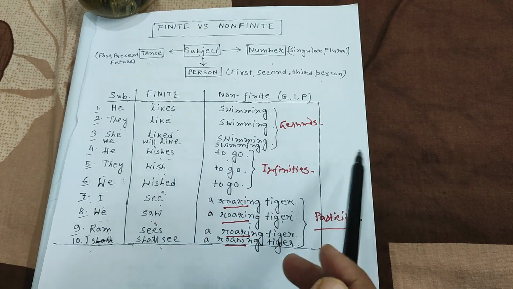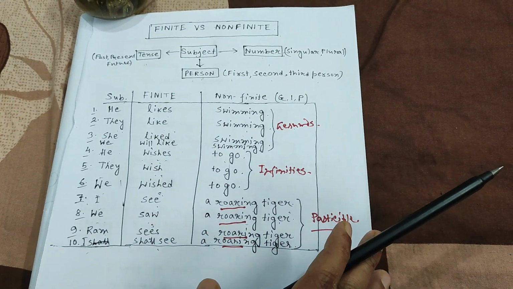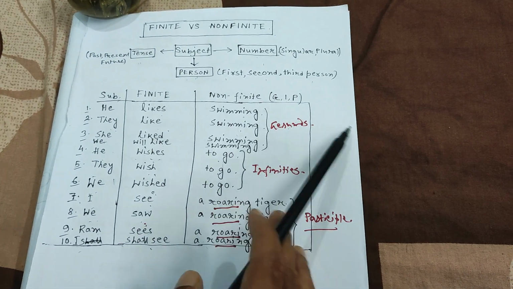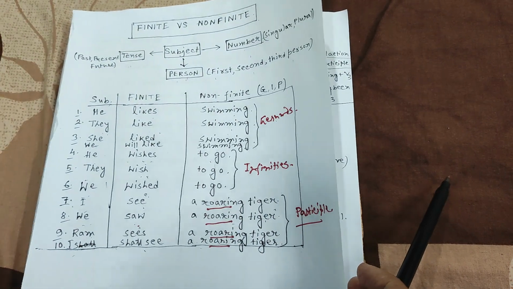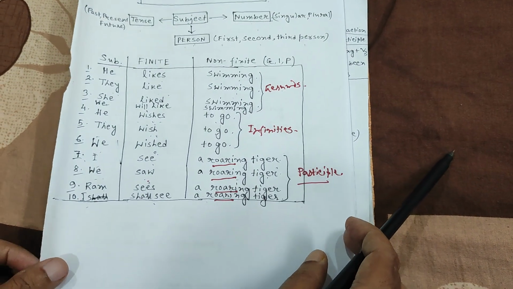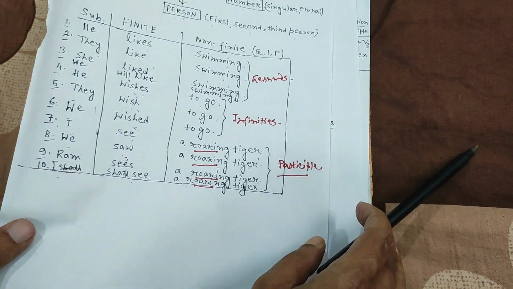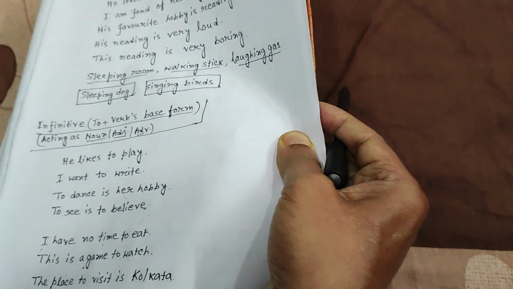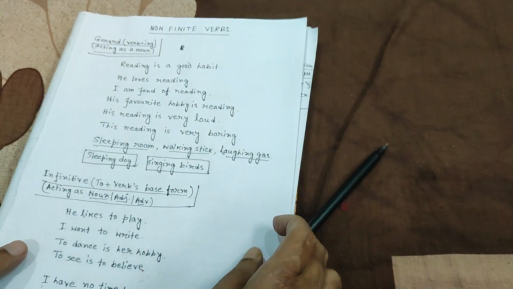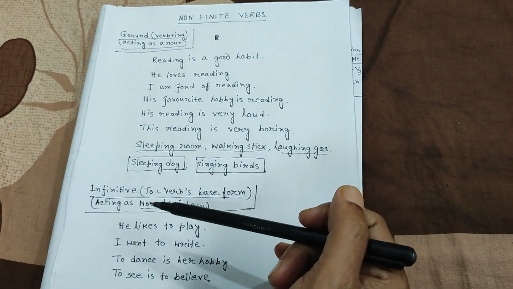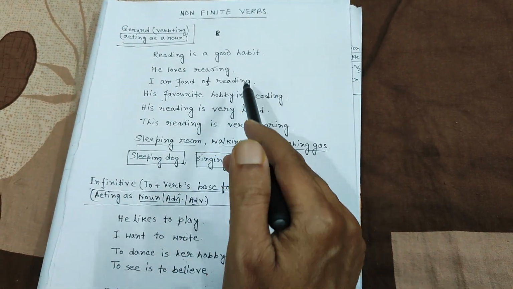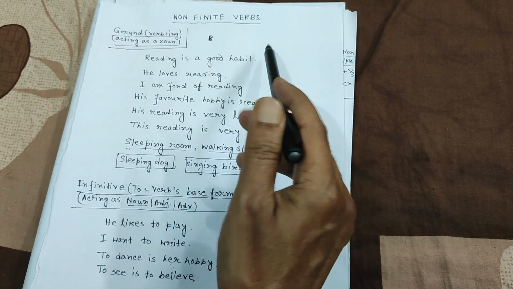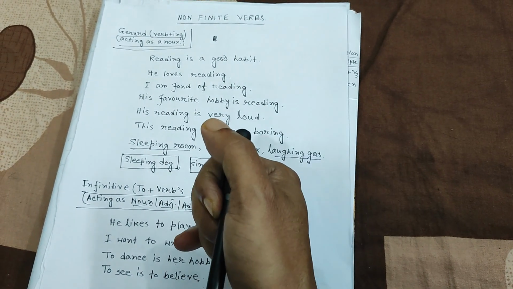Now, as you have understood how to differentiate between finite and non-finite verbs, let us come to the types of non-finite verbs again, and let us discuss. Let us proceed with these examples. In my last video, I told you that there are three types of non-finite verbs.